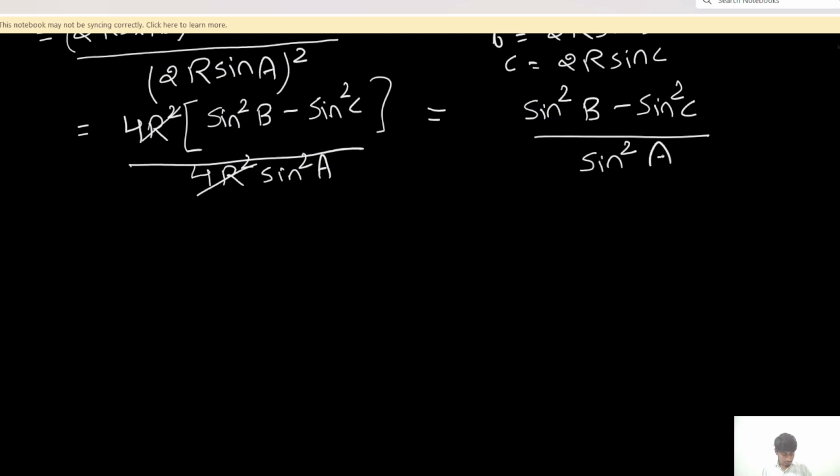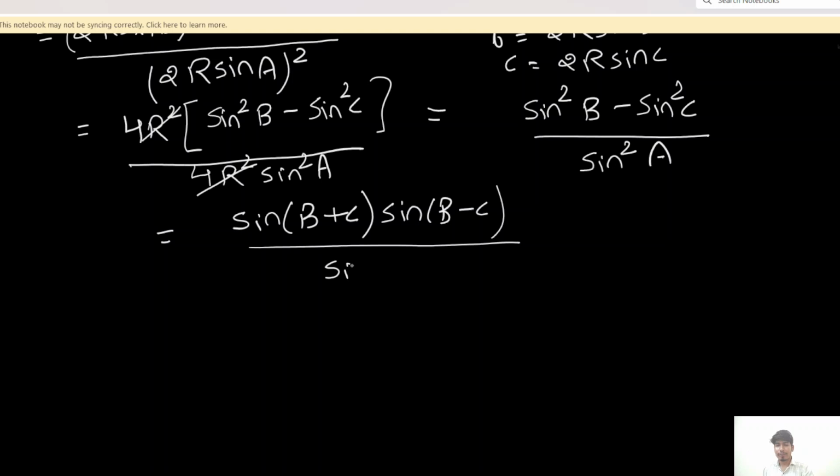Then what we do, apply the formula here. We know sine of B plus C into sine of B minus C is sine square B minus sine square C. Then this value is sine of B plus C into sine of B minus C, and divide by sine square A. Sine square A means sine A into sine A. 1 minute, can we write sine square A as sine A into sine A?